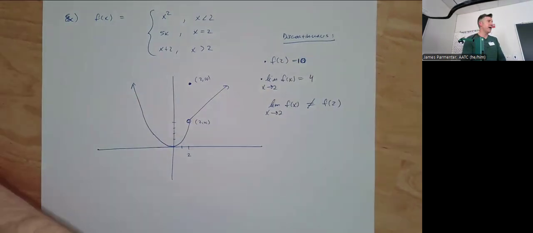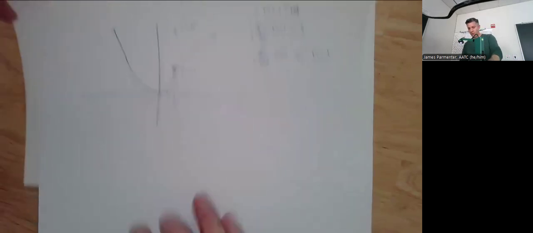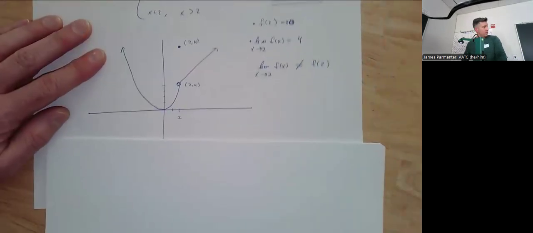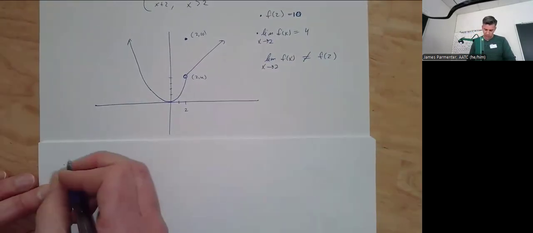All that to say, for a function to be continuous at a point, the limit value has to equal the function value. And implied in that is they both have to exist. So let me write a definition for you, and then I'll tell you what we actually do. Sorry, you might want to see that still. So, definition.